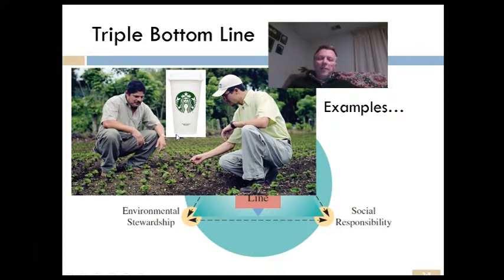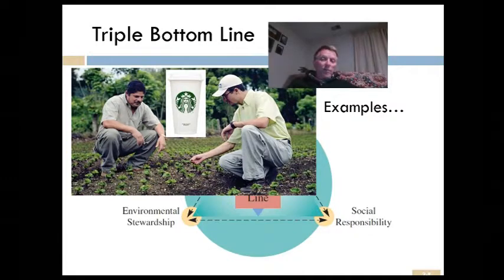When you buy a cup of Starbucks coffee, yes, you're getting a great cup of coffee, but you're also supporting their efforts to replant the coffee bean plants in another country. Starbucks spends a lot of time and resources on replanting and training farmers in other countries on how to be more efficient in their growing.